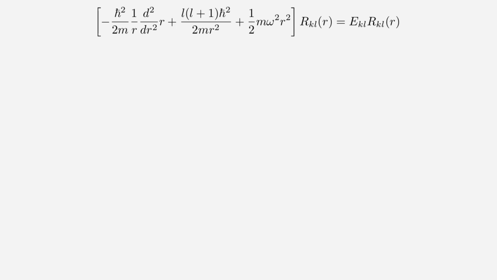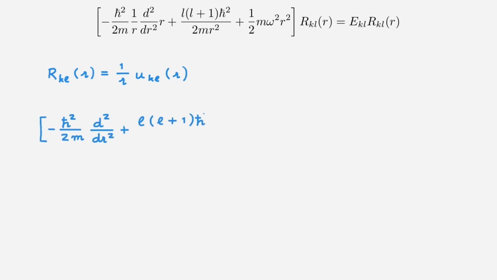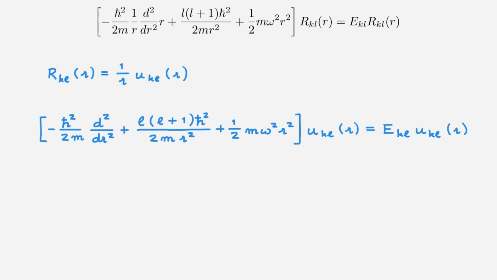The first step is one we already discussed in the video on the radial equation of central potentials. It is convenient to make a change of variables and set the radial function R equal to 1 over r times a new function u. With this new definition, we can rewrite the radial equation as given by this long differential operator acting on the u function and equal to the eigenvalue times the u function.